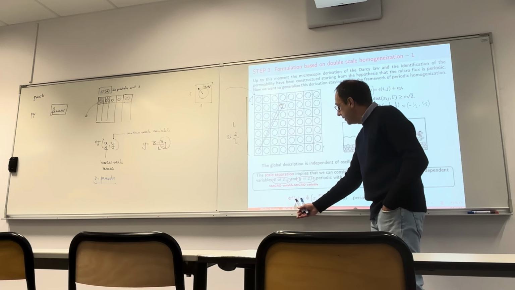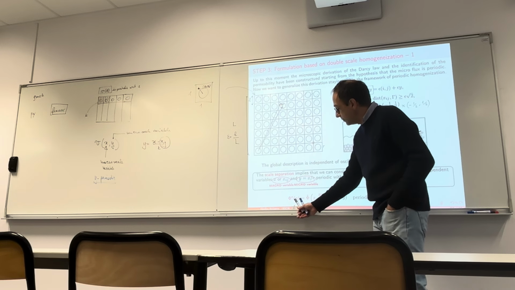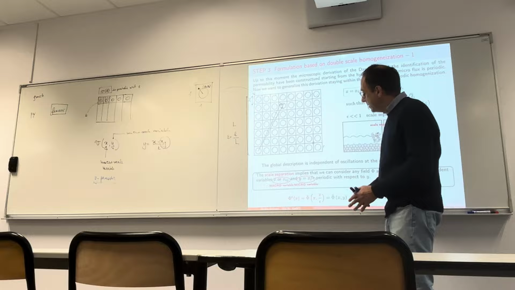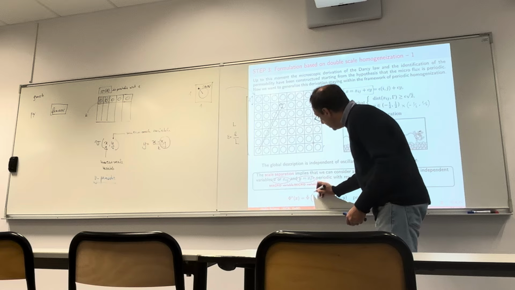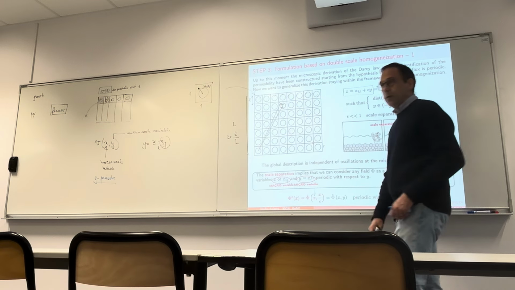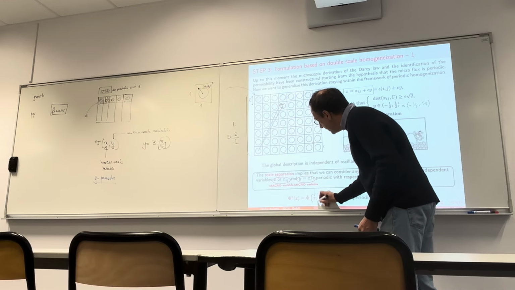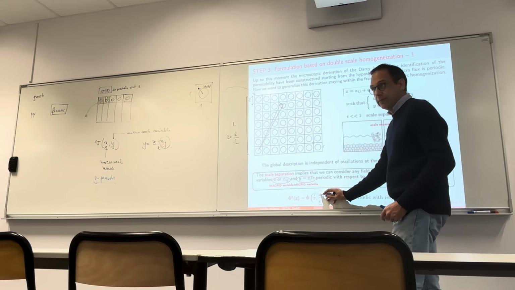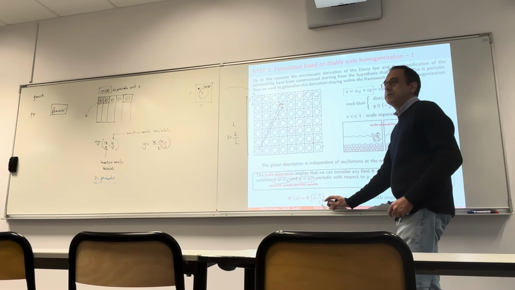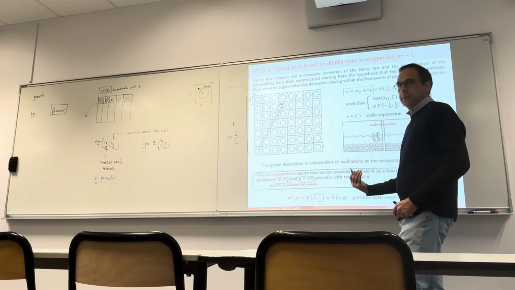So when introducing derivatives with respect to x of this, clearly this would imply to derive this phi hat with respect to the first variable, okay, but also with respect to y, and to derive y with respect to x. And so a term 1 by epsilon will come out.